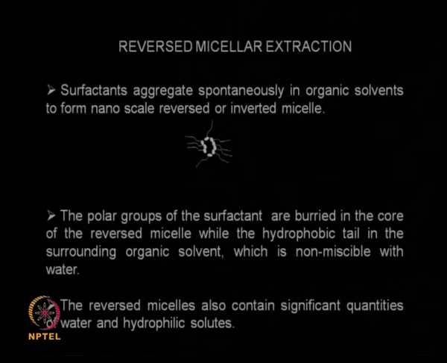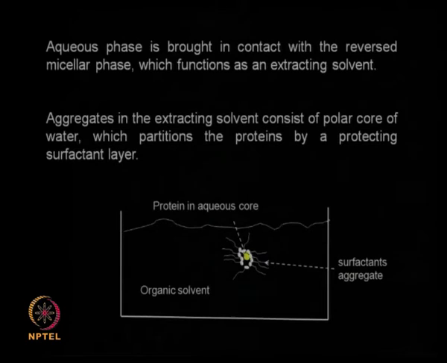So we can use this concept of reverse micelle in extraction, especially for solvent sensitive proteins, that means proteins which may get denatured because of the solvent. So as I said before, we have the organic solvent, we have the reverse surfactant aggregates, the polar head groups are located inside and the hydrophobic tails are pointing outside.